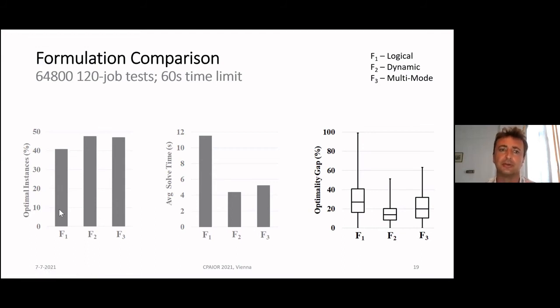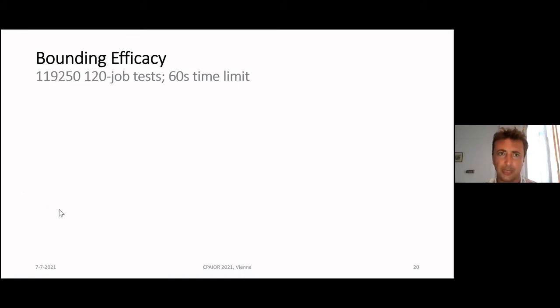We ran that on the 120 job instances, which means like 65,000 instances. So we did continue with formulation F2, and F1 and F3 were practically out of the game.